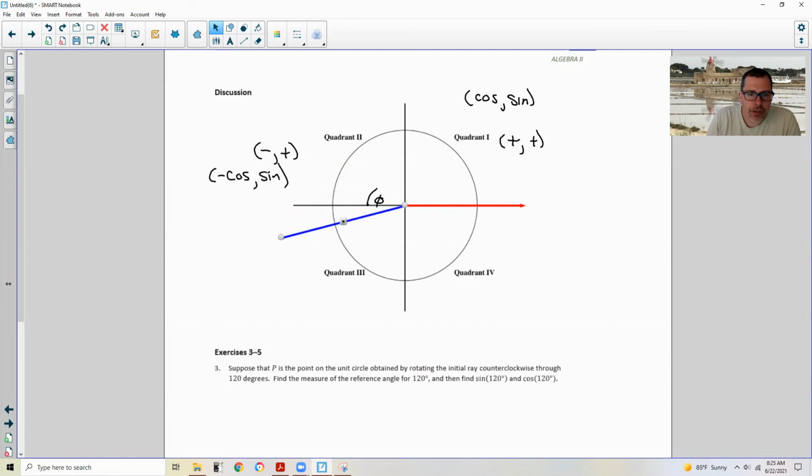And then if I continue down like so into quadrant 3, well, now I'm going to have a reference angle still between my terminal ray and my x-axis. The reference angle is always between the terminal ray and the x-axis. So now when I'm down here, I had to go left.